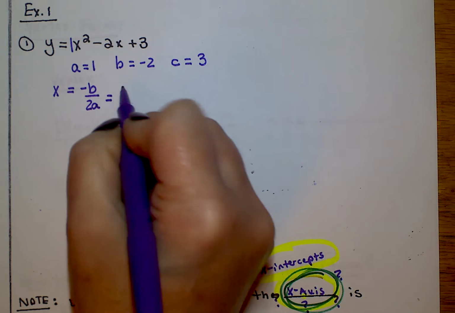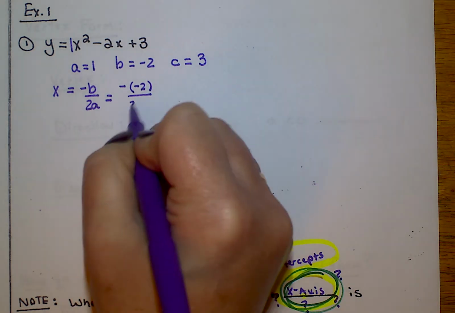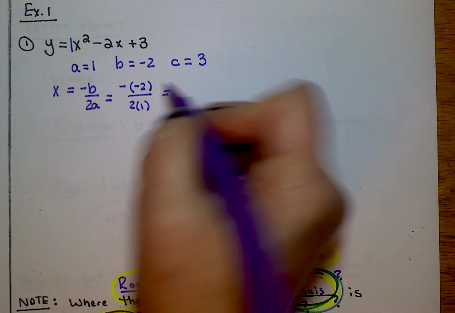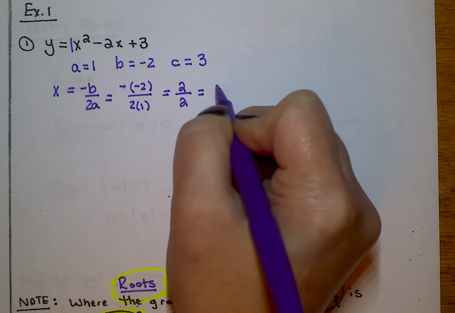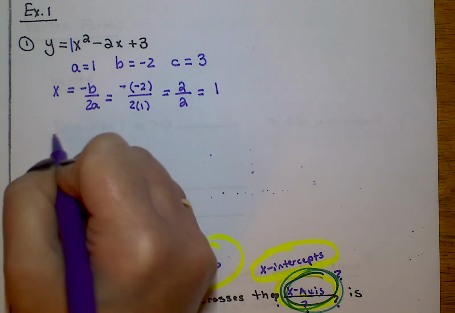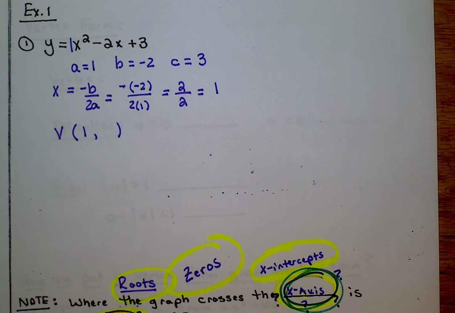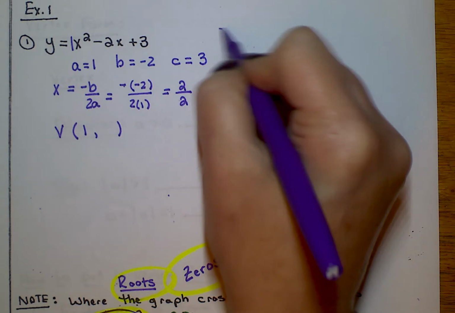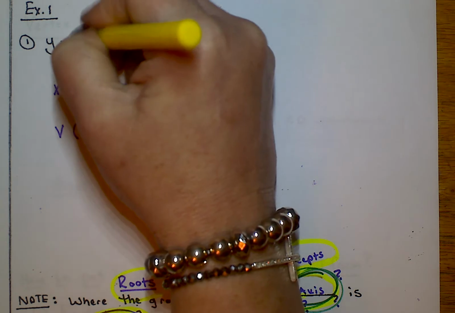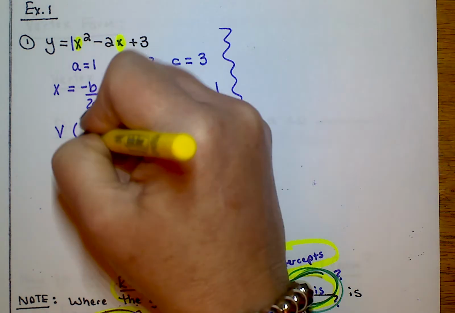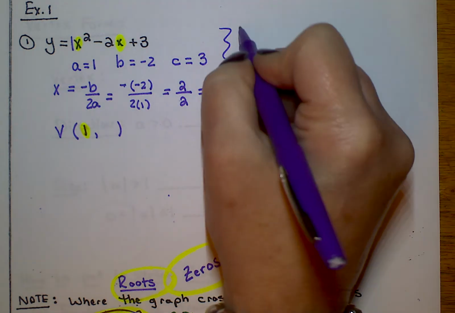So I'm going to go ahead and use that formula to do that. That -b is going to be a negative of a -2 over 2 times 1. That negative times negative is a positive over 2, which reduces to 1. Now remember, I told you the vertex was an ordered pair. So what you have to do is go back to the original problem, and put a 1 in place of that x to figure out the y.